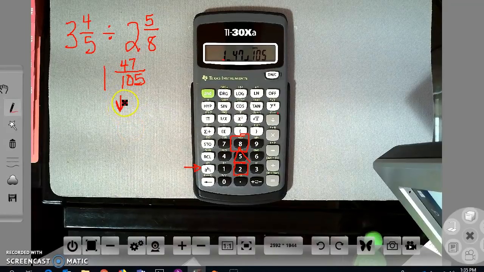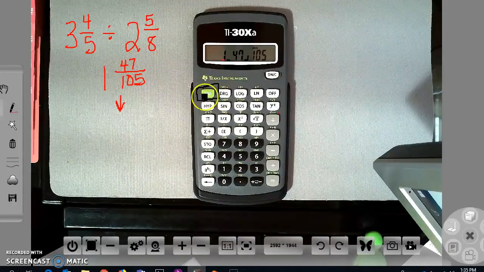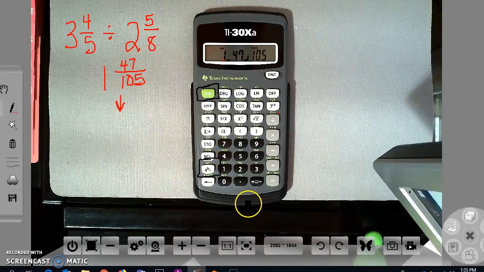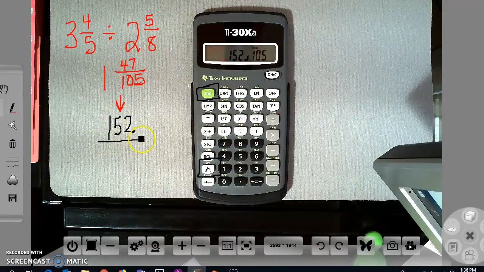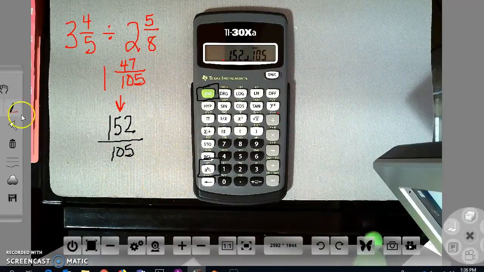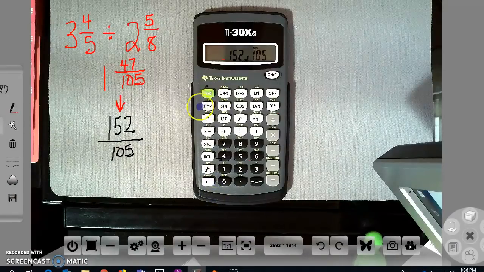To change that to a mixed number, we are going to press the second button and press the fraction button. And that would translate to the mixed number. In order to change that to a decimal, we're going to press the fraction button.